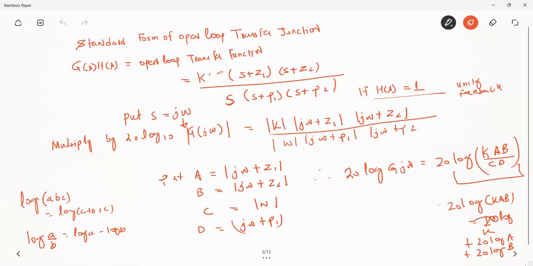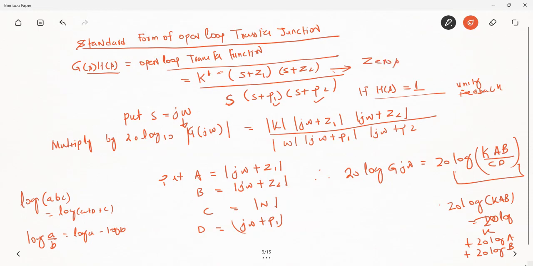Now, when we are moving to the Bode plot, for example, take any standard form of the open loop transfer function. Let's say this is my G of s, the open loop transfer function. This I have put as K dash times (s plus z1)(s plus z2) over (s plus p1)(s plus p2). So the numerator has the zeros and the denominator has the poles. Let's say this H of s is a unity function for now.